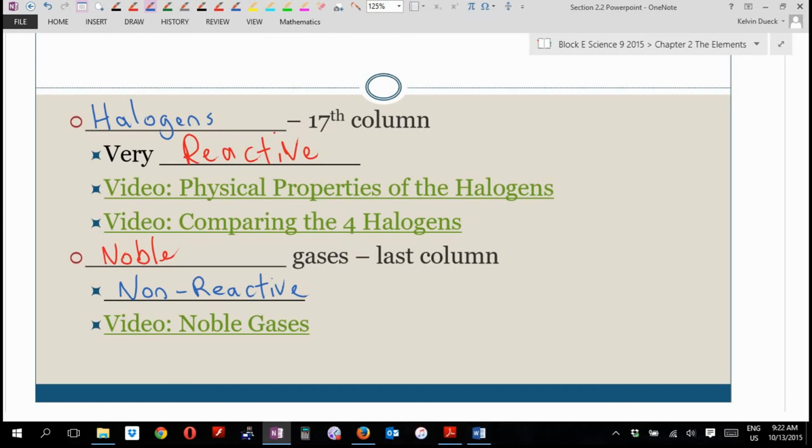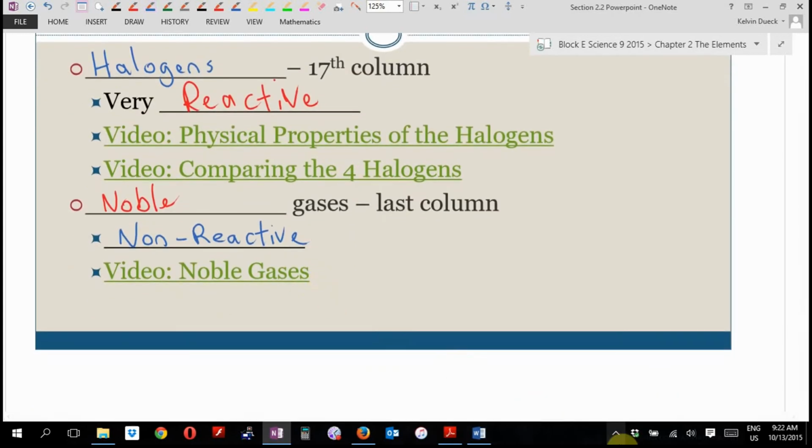And then I think in 1973, a prof at UBC managed to get either xenon or radon to react with something. Holy smokes, you can do it, but you really need to force it and add lots of energy. It's very difficult to do. Put your pencils down. The noble gases.